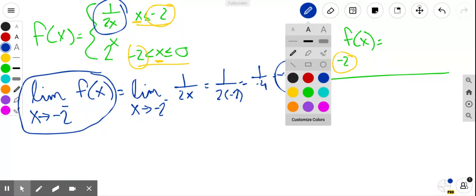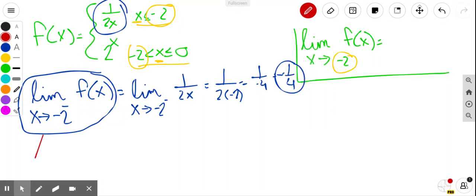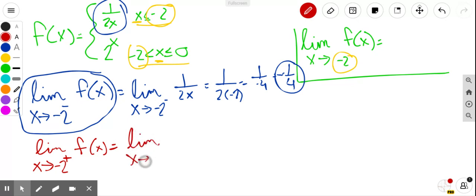So if that's what's happening on the left side, we need to talk about what's happening on the right side as well. So same setup. Now we're going to look for the limit as x approaches negative 2 from the right side of f of x, which means that we're finding the limit as x approaches negative 2 from the right.